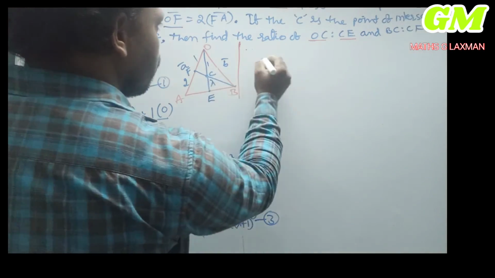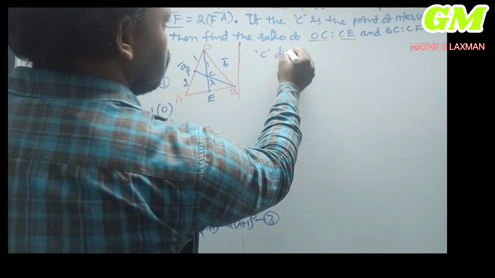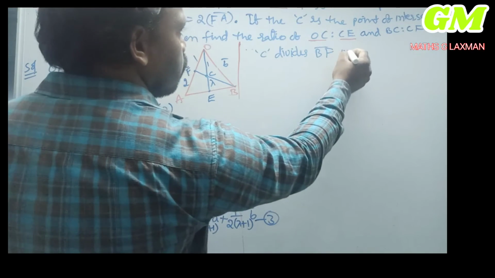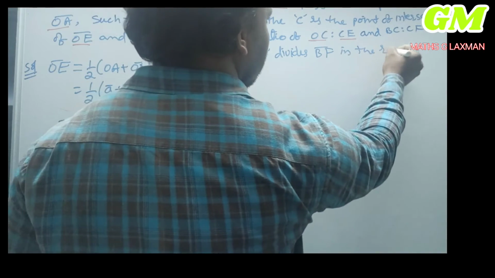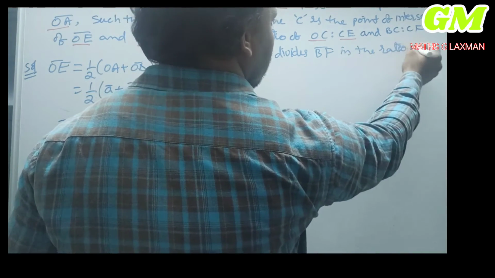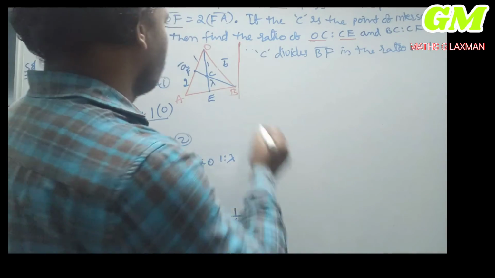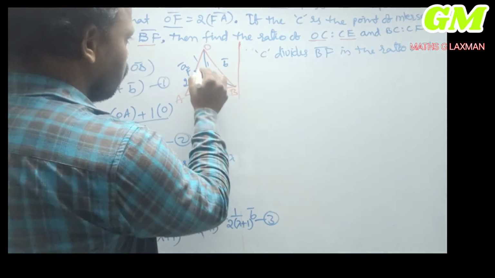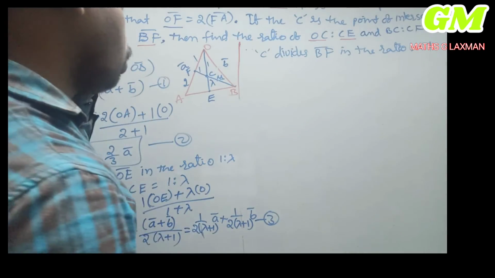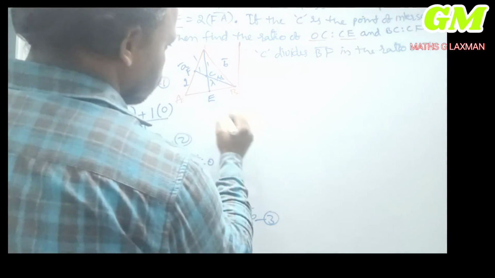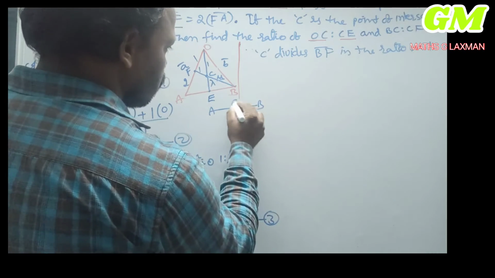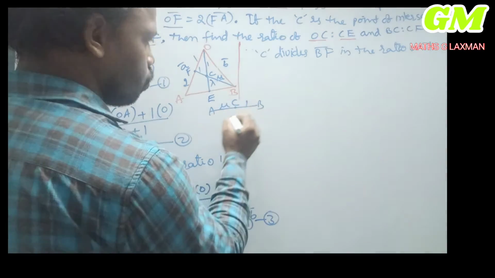Now C divides BF in the ratio mu is to 1. Let us take mu is to 1. So this is mu and this is 1. When it is the section formula, by using the section formula, this is A and this is B, then let us take C divides in mu is to 1.